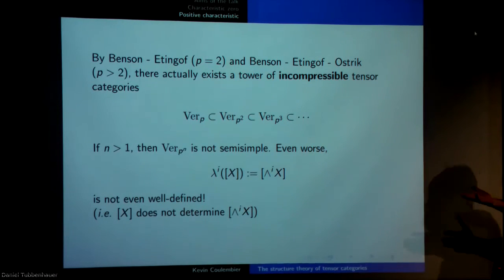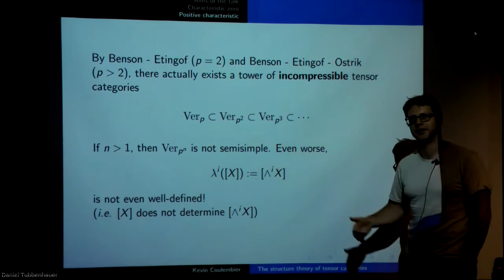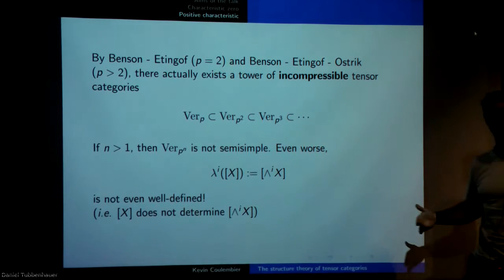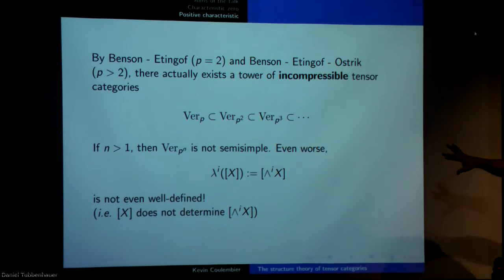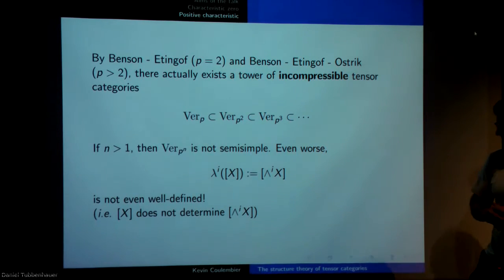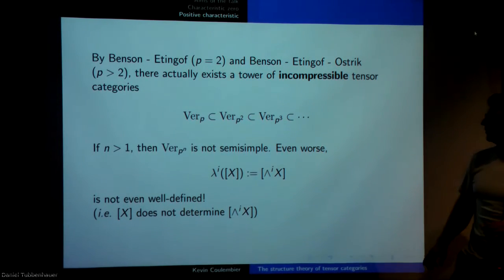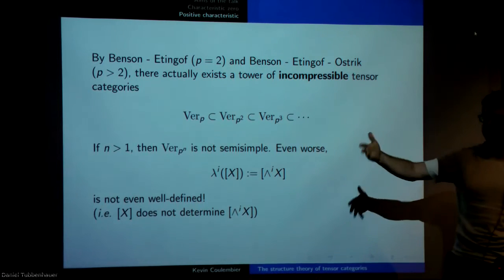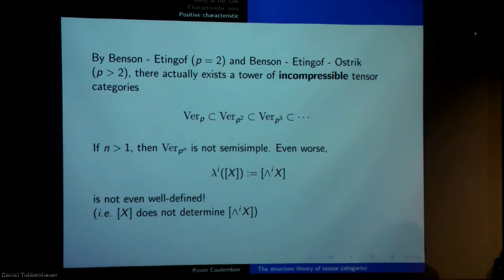So for a vector space, that's not true. If I know the dimension of a vector space, I know the dimension of all its exterior powers. But in these weird categories, that's not true. So somehow you have some entanglement between the non-semi-simplicity here and the non-semi-simplicity of the symmetric group.